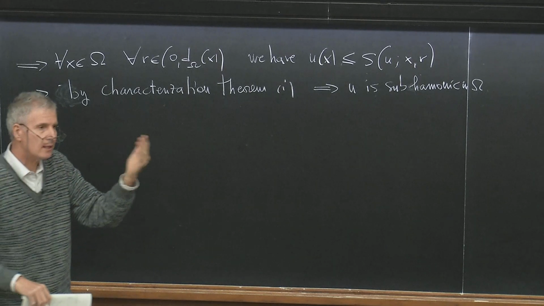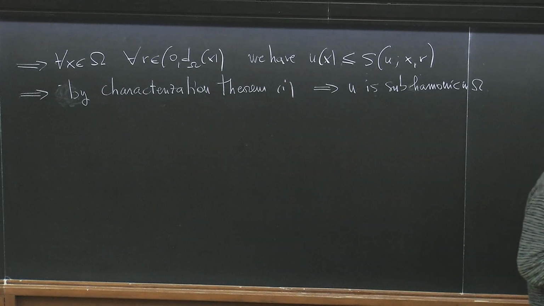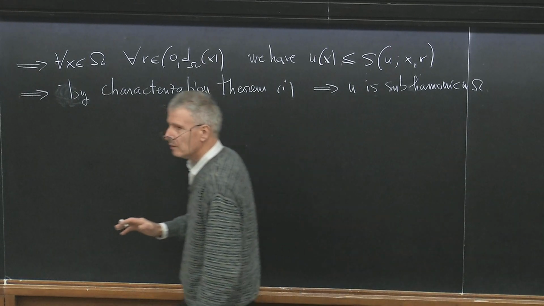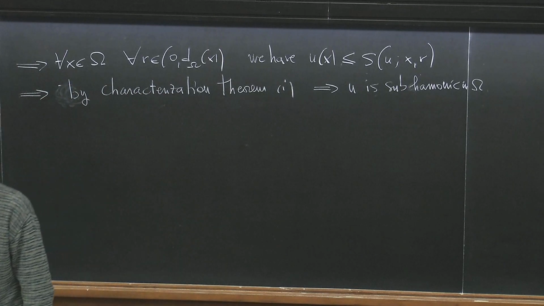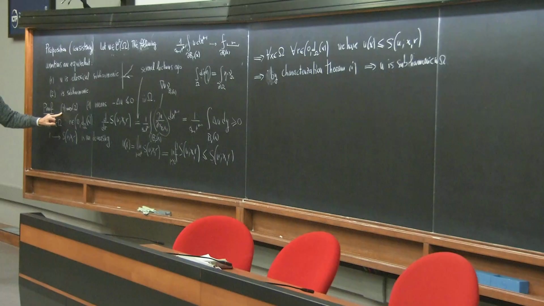And then there was another object relating to smooth sub and super solutions on balls or on relatively compact open subsets of omega. That long theorem. Do you remember this? Yes, yes. Okay, so if Rama agrees, we have shown that 1 implies 2.